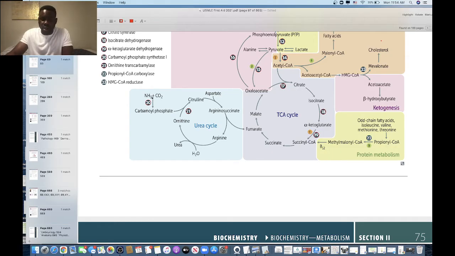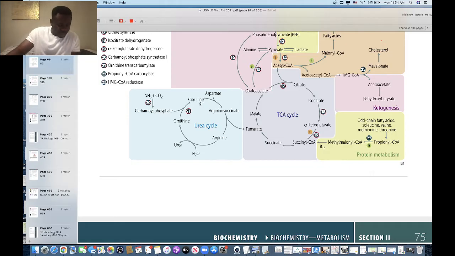Then we combine that ammonia with carbon dioxide, and what we form is carbamoyl phosphate. Now this carbamoyl phosphate can be added to ornithine. Carbamoyl phosphate plus ornithine will give us citrulline, right?